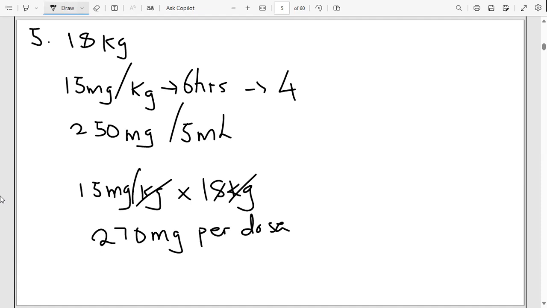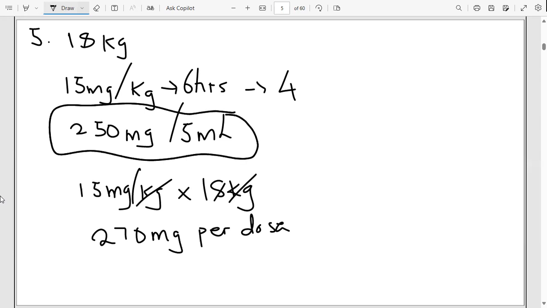So we're going to convert this 270 milligrams per dose into mils using the concentration of the syrup. Where is the concentration of the syrup? It is what they've given us here: the actual concentration of the syrup is 250 milligrams per 5 mils.